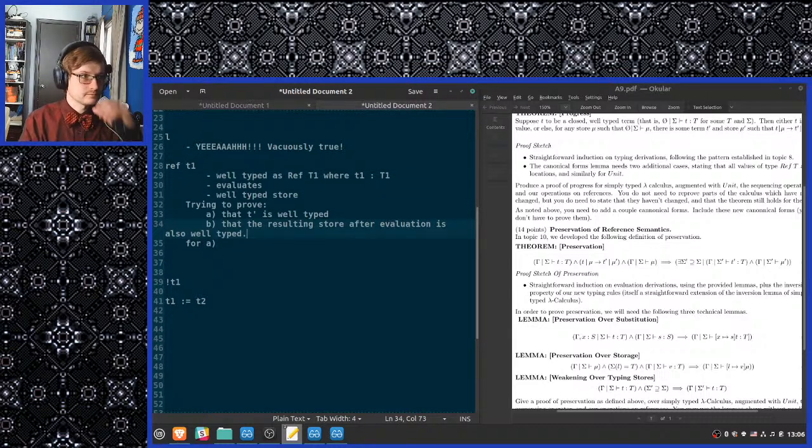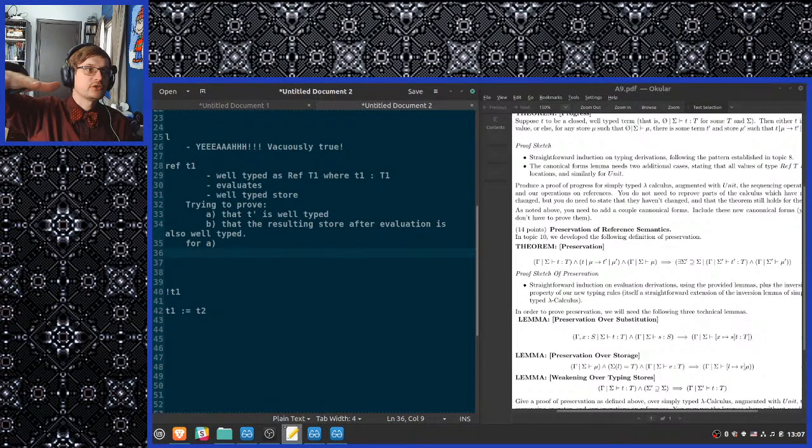So that's good. I think that the easiest way to do this is case analysis over the possible evaluation relations involved in the ref T1 case.